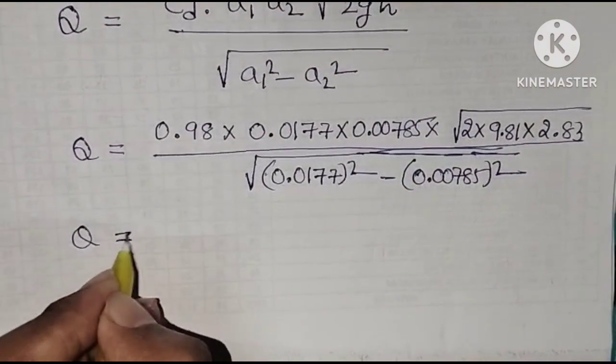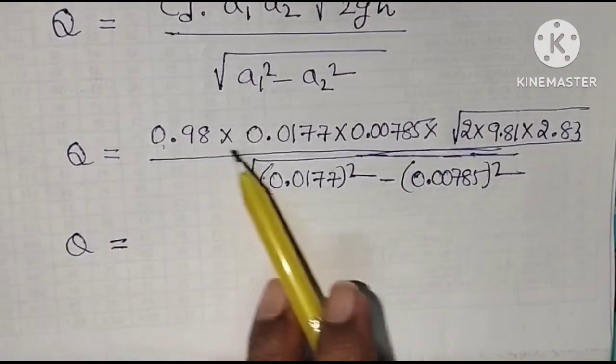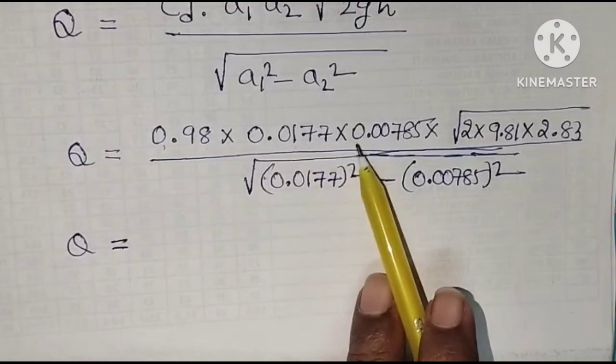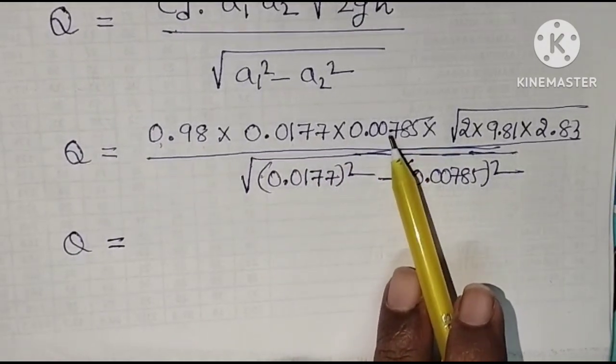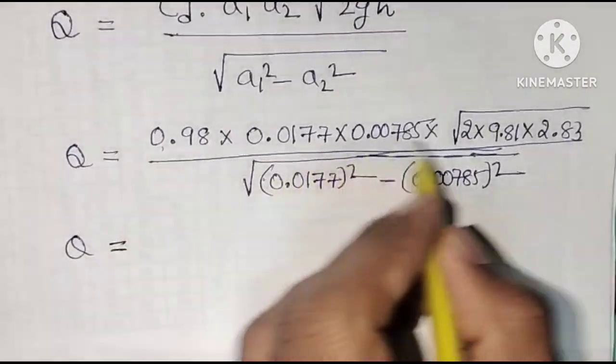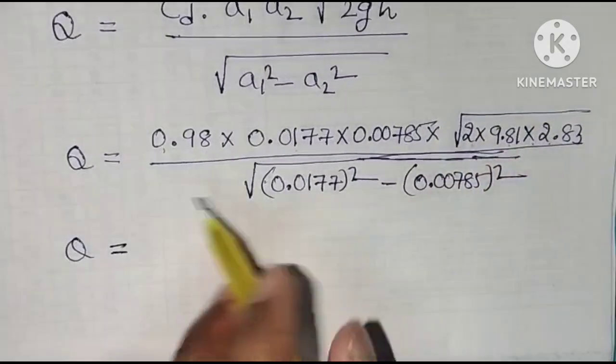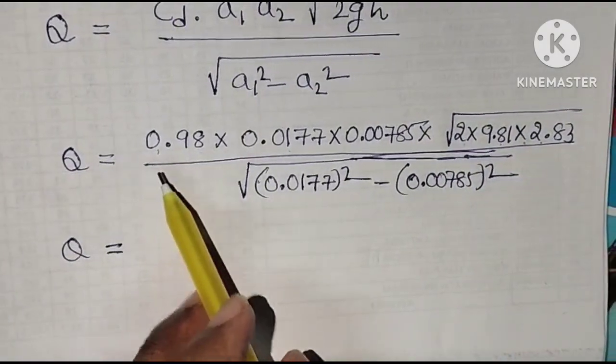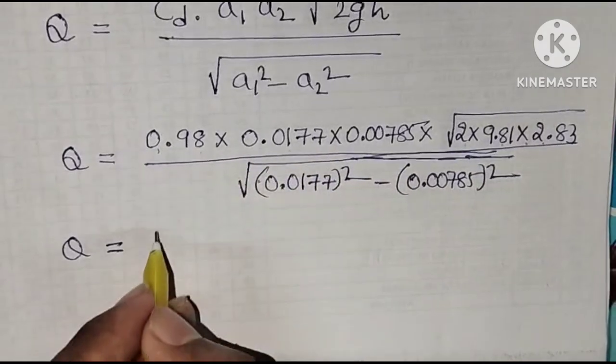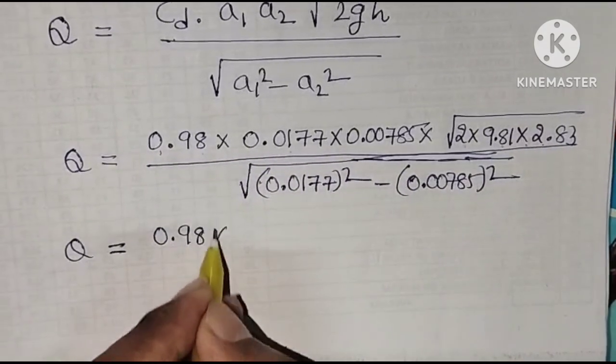Use scientific calculator. 0.98 into 0.0177 into 0.00785 into root over 2 into 9.81 into 2.83. So we have to calculate the value of the numerator.